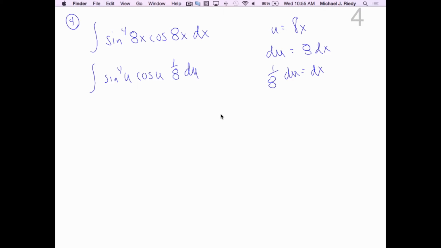Okay. What's the integral of sine to the 4th u cosine u, Peter? So negative cosine x or cosine to the 4th u. Wait, what was the question? What's the integral of that thing?